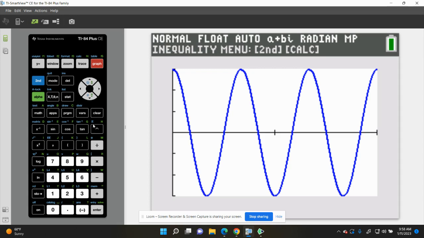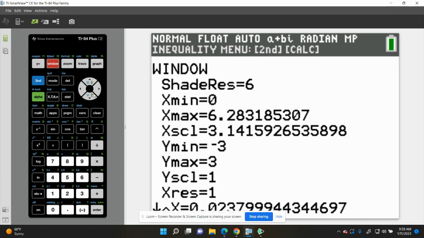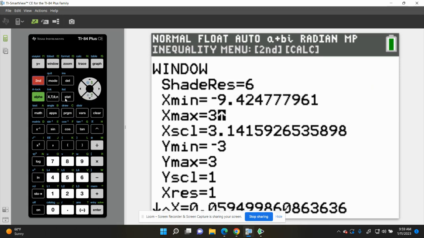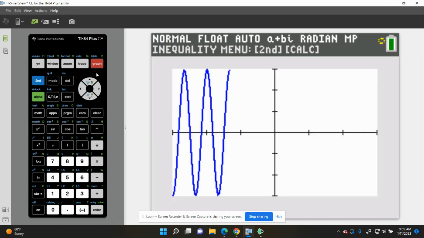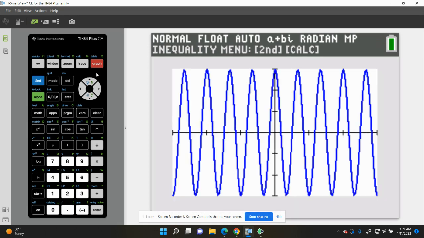Okay. So now let's change our window. Okay, so now you're back to being familiar with what it looks like. Let's change our window to negative 3 pi to 3 pi. Now we're going to get a whole bunch of them, right? So there we go. So the reason that this problem is so difficult when we look at it, right?